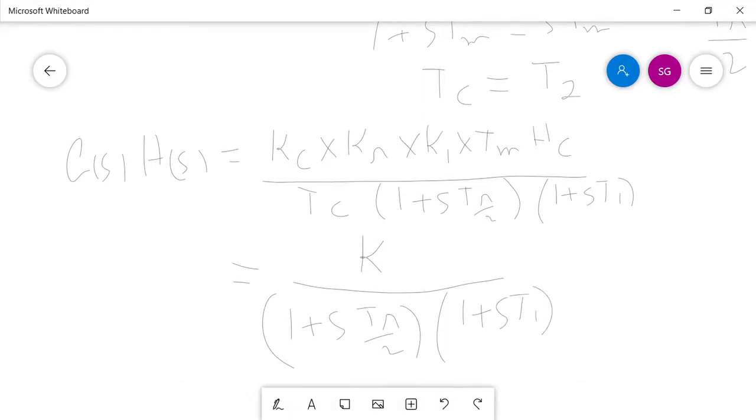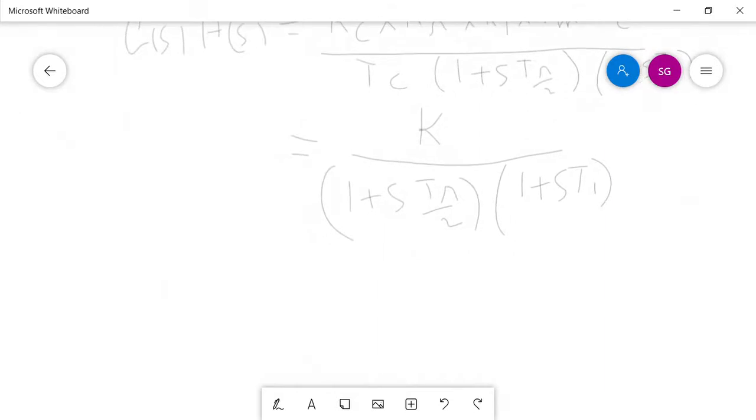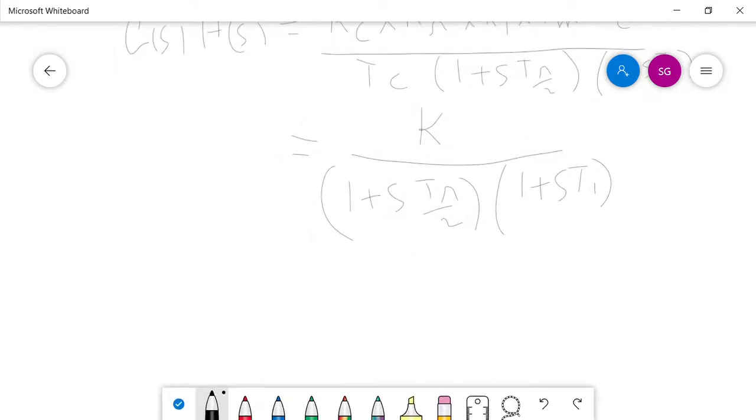Now let us calculate 1 plus G(s)H(s), as our objective was, and equate it to s square plus 2 zeta omega n s plus omega n whole square. We have already discussed these things in the previous lecture.